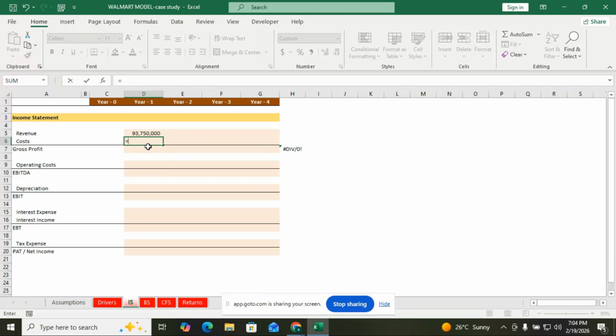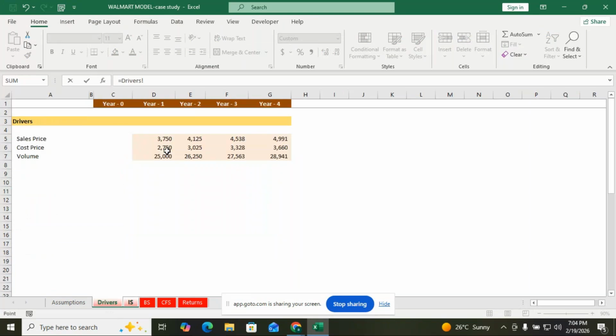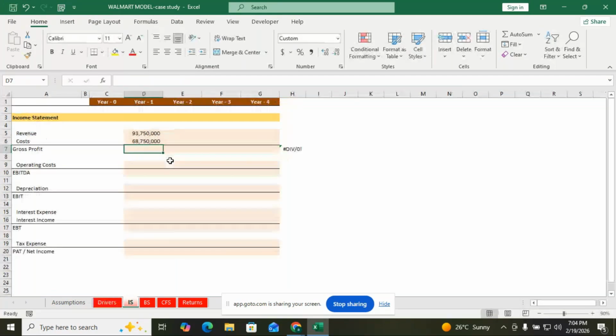So here I'll put the equals to sign, go to the drivers, cost price per unit, shift and then the multiplication sign, and then units sold. Now I press enter, so I get both the values. Once I get year 1, I'm going to drag it for the rest of the years. I hope it's clear now.